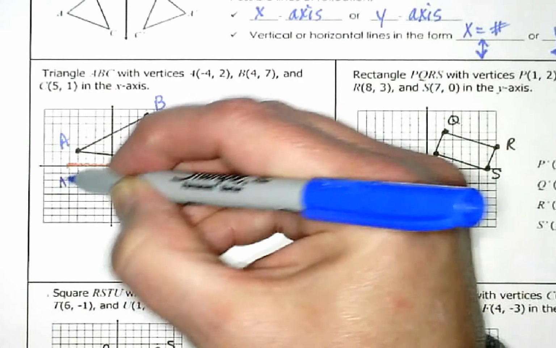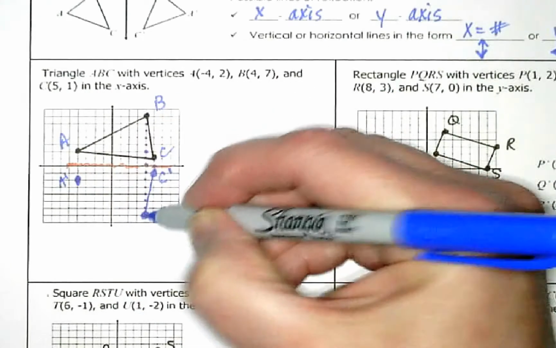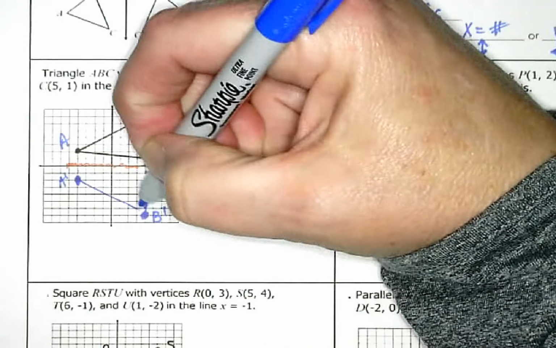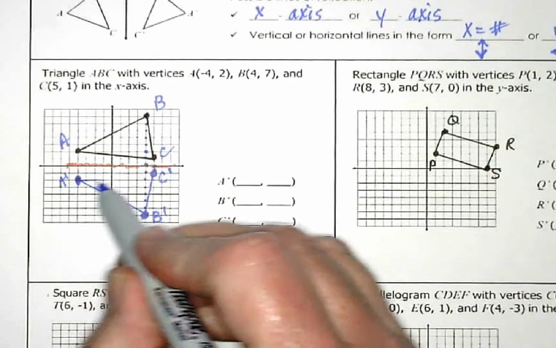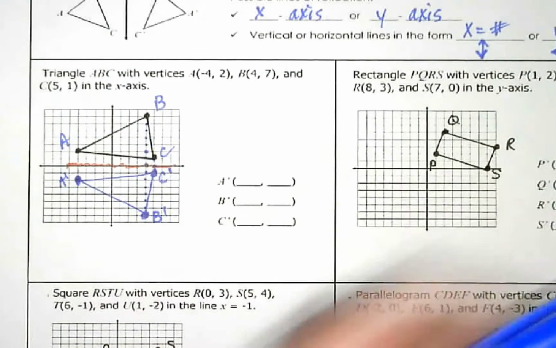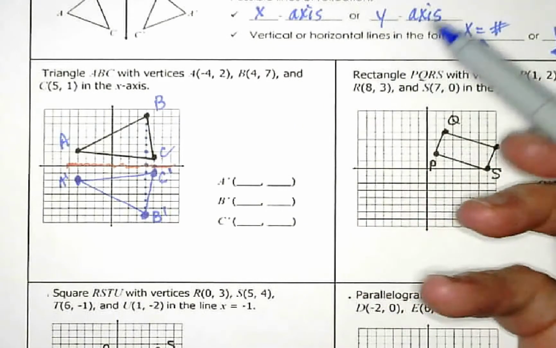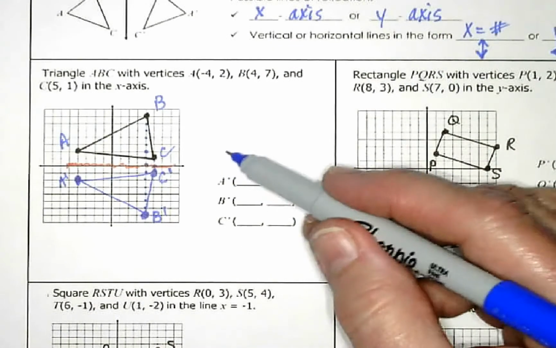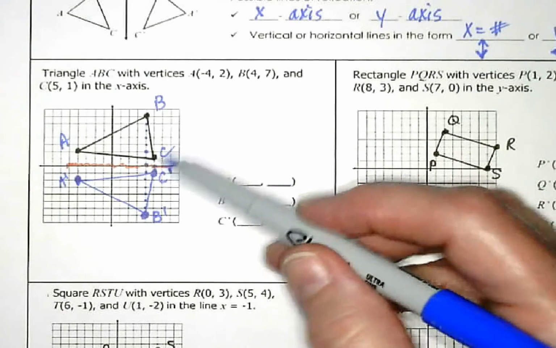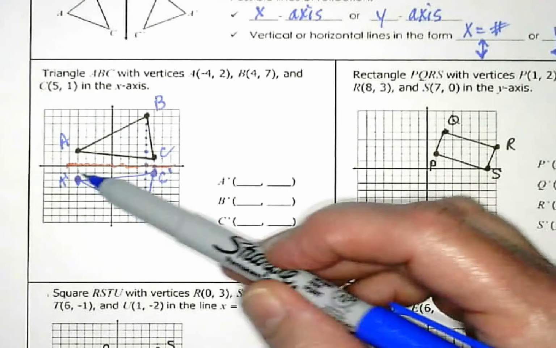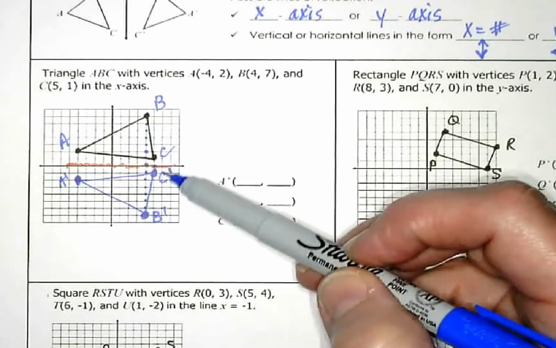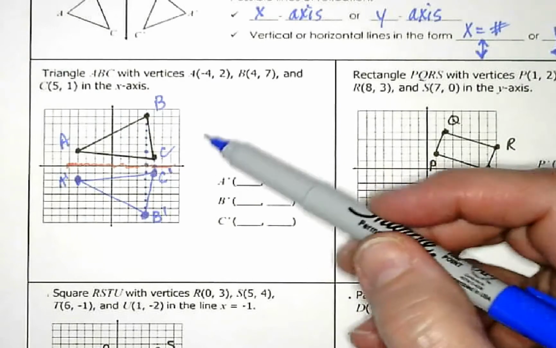There's my new point. Connect A, B, and C prime, and I have reflected triangle ABC over the x-axis. Done. It's not too bad, is it? The hardest part will be finding the line of reflection.